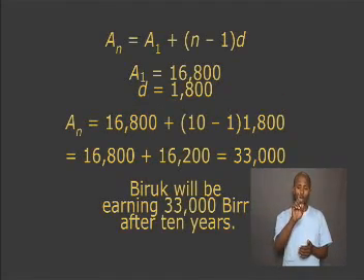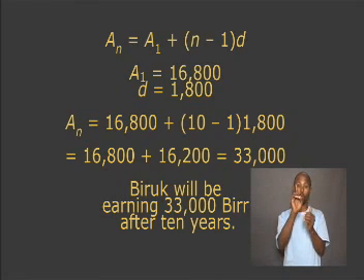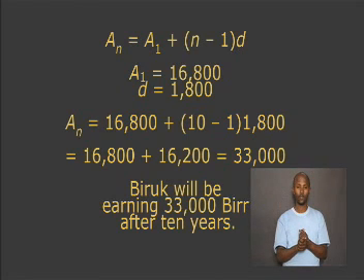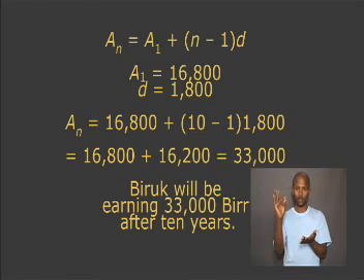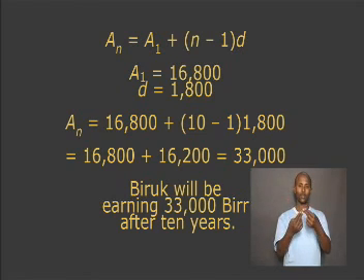A1 equals 16,800 and D equals 1,800. AN equals 16,800 plus 1,800 times N minus 1.